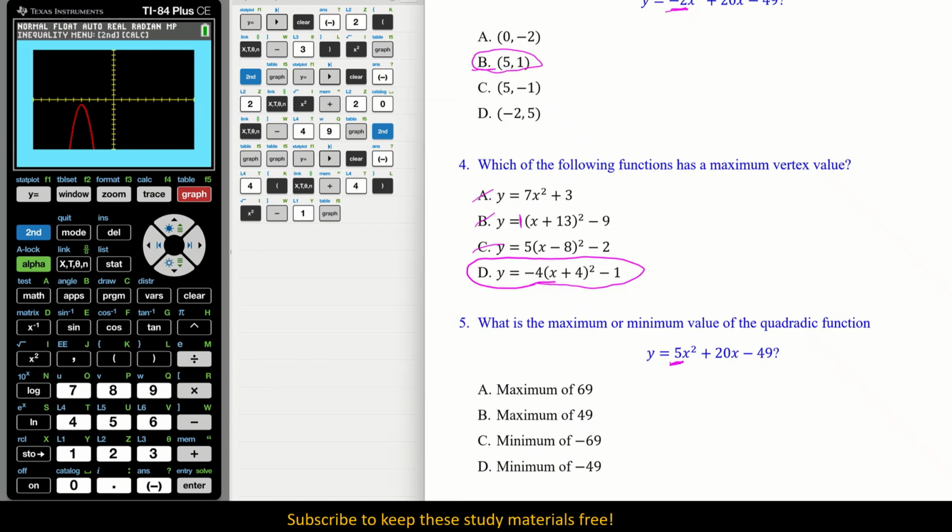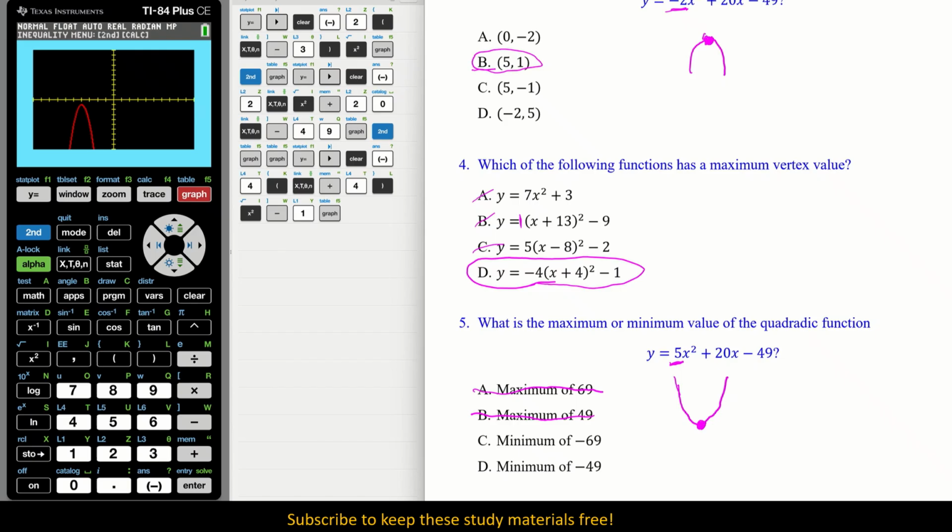Well, this is a +5, so instead of opening down and having a maximum, it will open up and have a minimum. That's a positive. So that's what our quadratic will look like sketched out. This means A and B are totally incorrect. So now we've eliminated two. We have two to choose from.